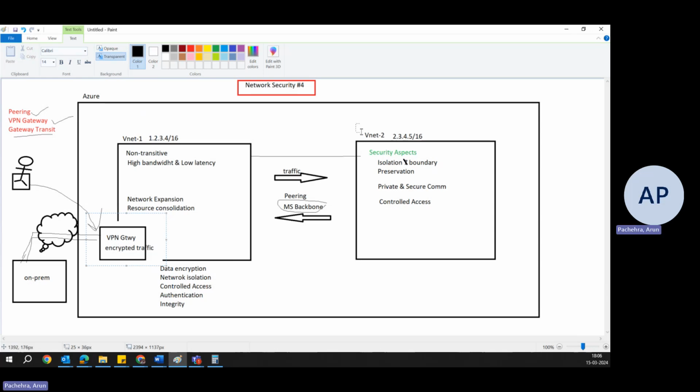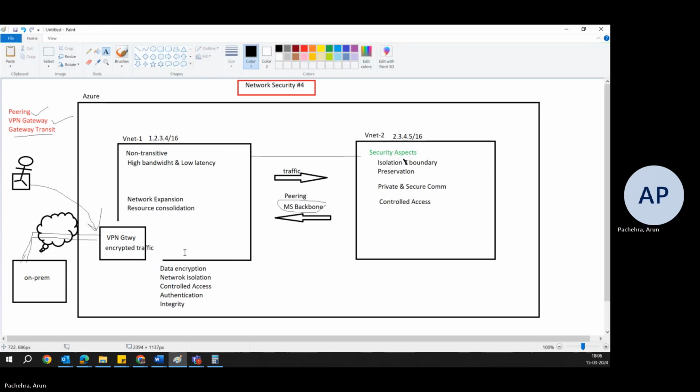For this VNet 2, this is a remote gateway, right? This setup reduces the need to provision and manage separate gateways for each VNet. Simply, it will simplify the network architecture and of course reduce the cost and the management. So this is what the gateway transit is.